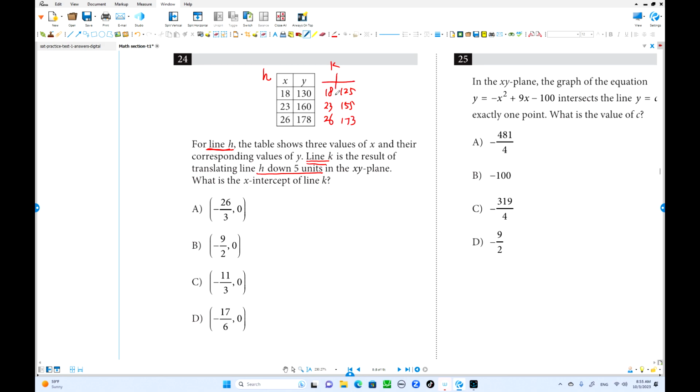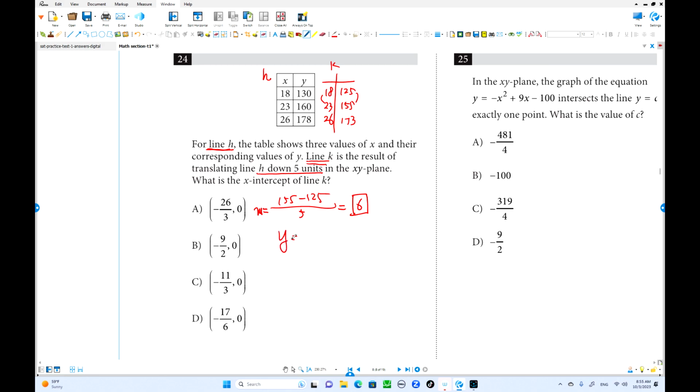Using these data, we can find the x-intercept. To find the x-intercept, you can use the slope. This time, I'm going to use the equation. Okay, what is the equation over here? The slope is how much? 155 minus 125 over 23 minus 18 is 5. That is 6, right? That's the slope.